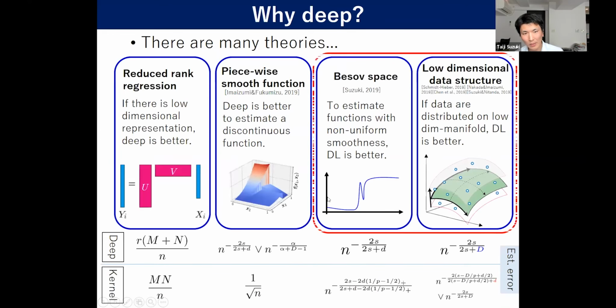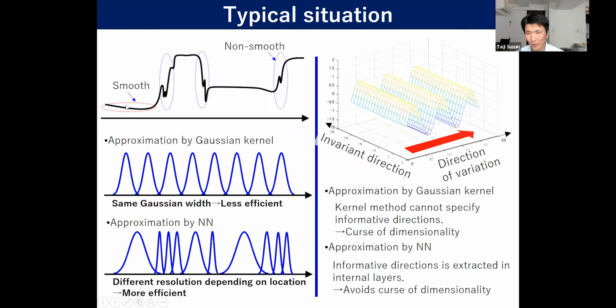The same thing also happens for the non-parametric regression problem. If the target function is smooth, it is easier to estimate. But around here, depending on the location of the input, there appears some difficult point like this. In this case, deep learning can be better than the kernel method.